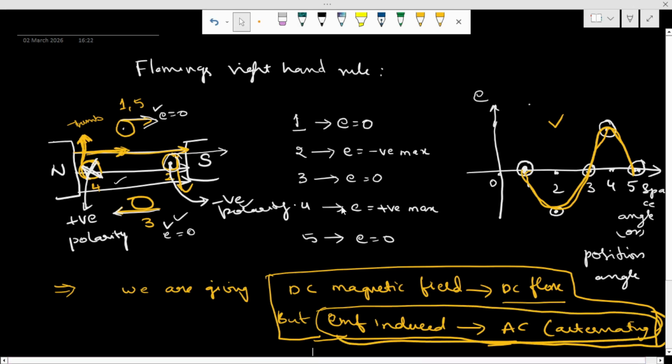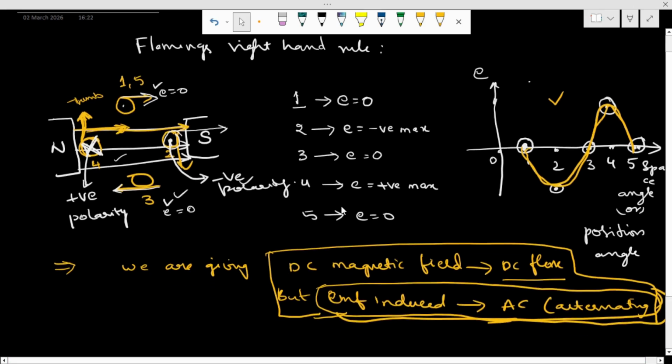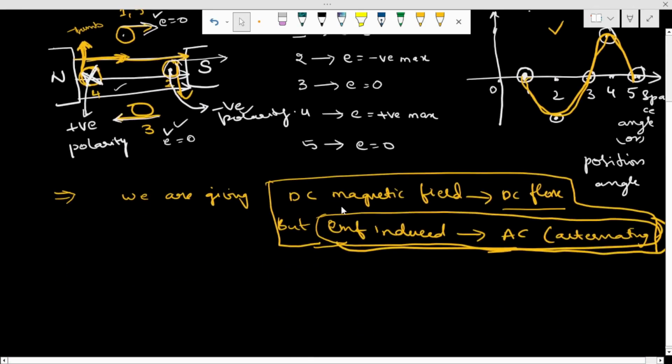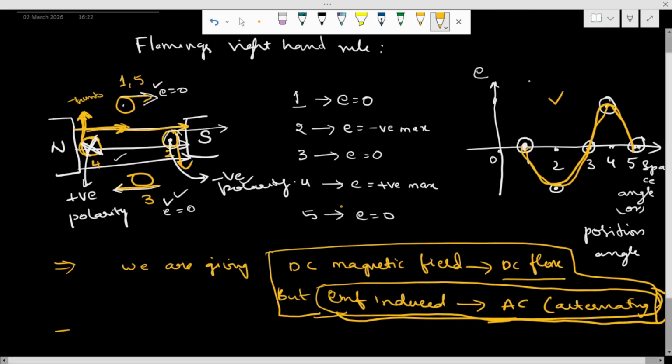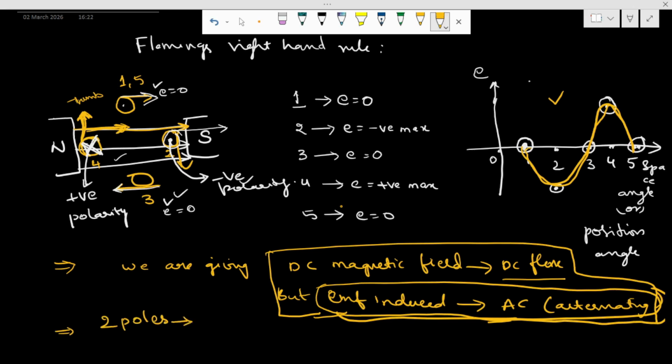Let us see. We have taken two poles. Here we considered two poles, with the conductor revolving one revolution.